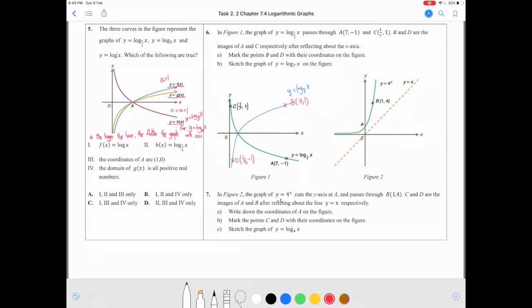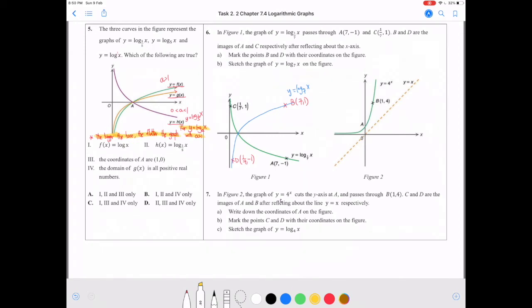How about y equals f(x) and g(x)? From the graph, we can observe the yellow graph is flatter, right? Now we will use the information that we just learned. For y equals log base a of x with a bigger than 1, the bigger the base, the flatter the graph.